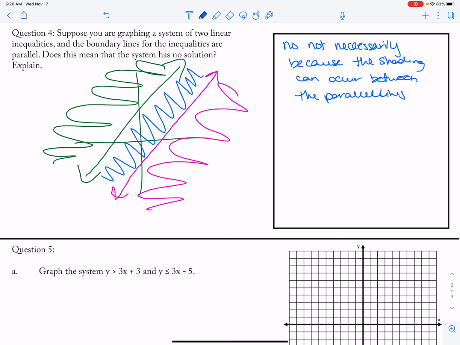The book says something about half planes, overlapping half planes, which is essentially shading in the middle. Okay.